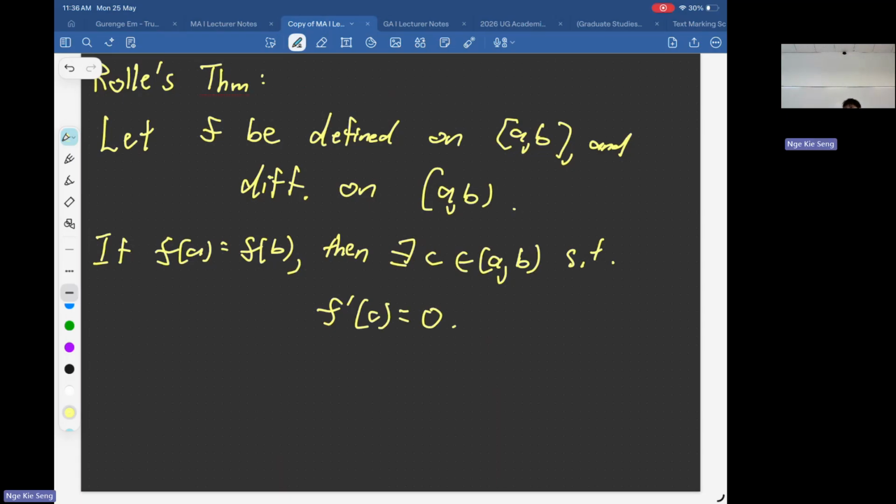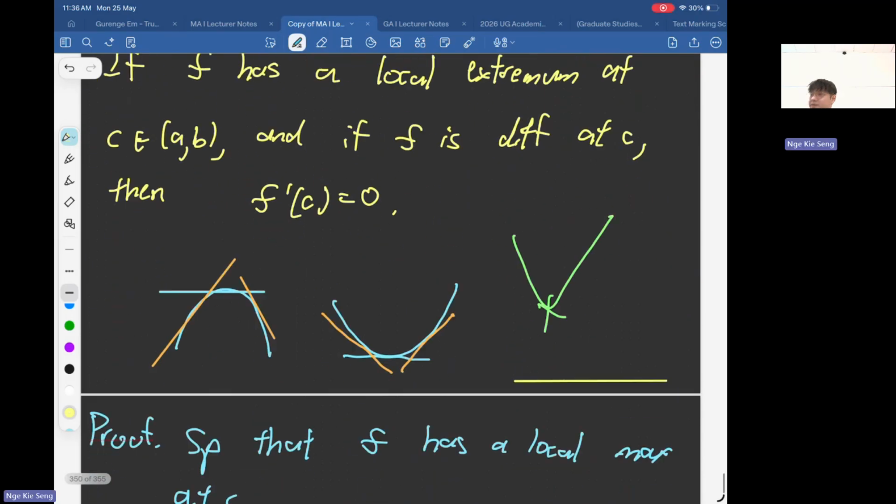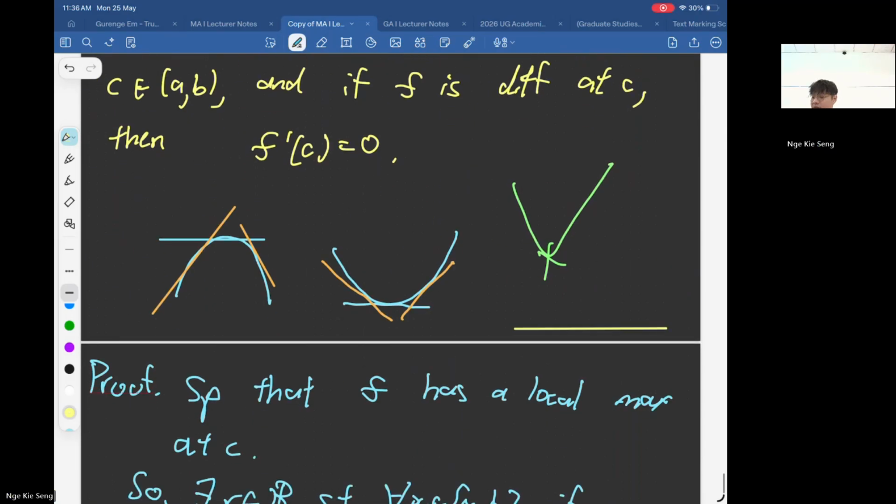Okay, do you know how to think about this? That's the picture I drew before. Yeah, good, very good. So which one? First two, right?